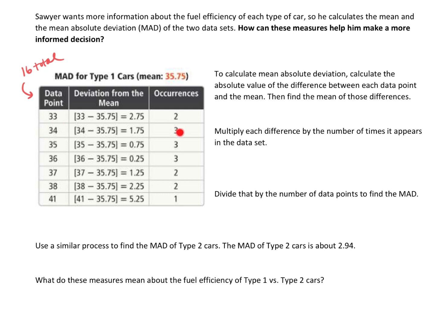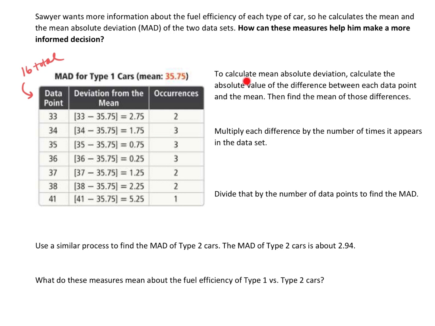There were three 34s. So we wrote it once, 34, and we're just taking note over here that there are three of those. There was only one 41 in that dot plot. There were three 36s. So you can just put your data points down and you don't have to write the repeats, and we will take note of the occurrences, how many of those were actually in the data set.